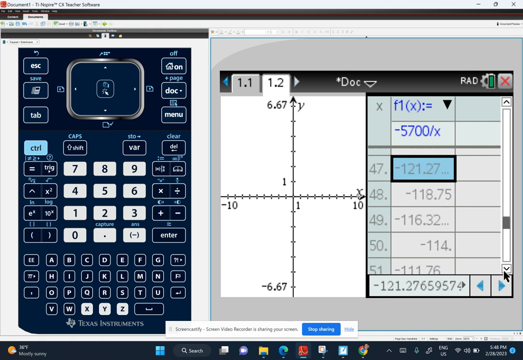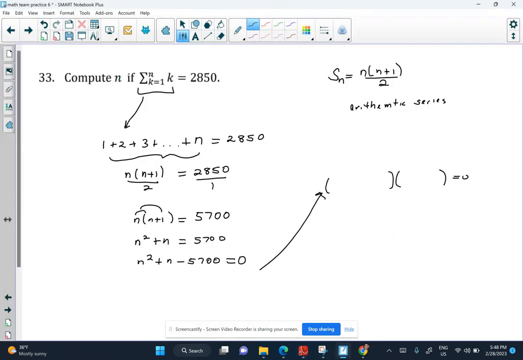and that's like some things you have to do. So next week, though again, the captains can show you a couple of tricks that I'm not comfortable showing. And lo and behold, 76 and -75 add to 1, and those are the factors. So n minus 76, n plus 75.